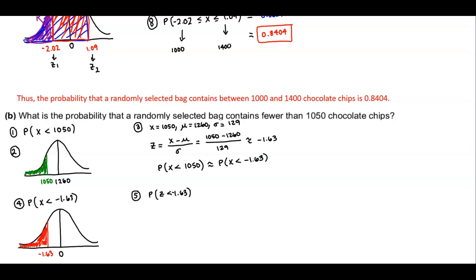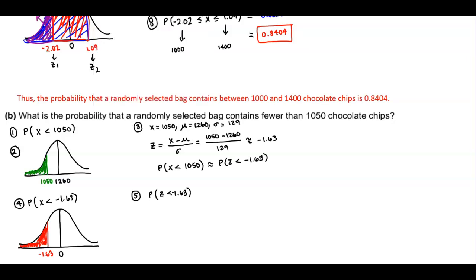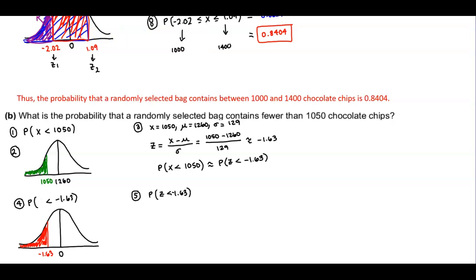And so before I do anything, let me make this correction here. This should be a z now, not an x, because we changed it to a z-score. And also the same thing over here, this should also be represented by a z. Okay, and then I'll make the correction on the above example after we complete this one.